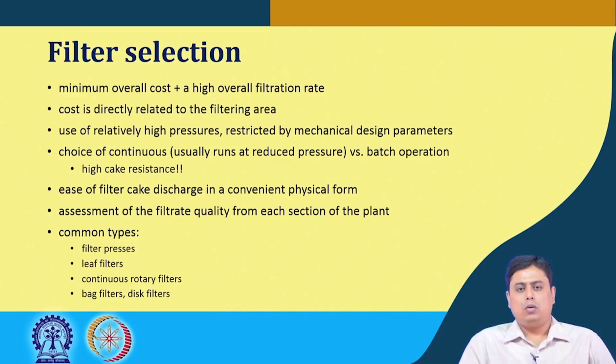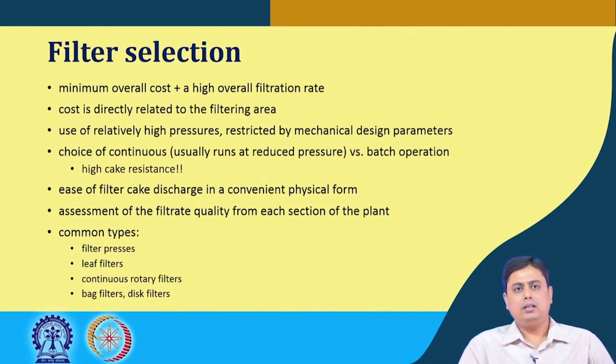So when we think of choosing a particular filter, first of all we have to decide which mode of operation we should be operating. Is it a batch mode operation or a continuous mode operation?